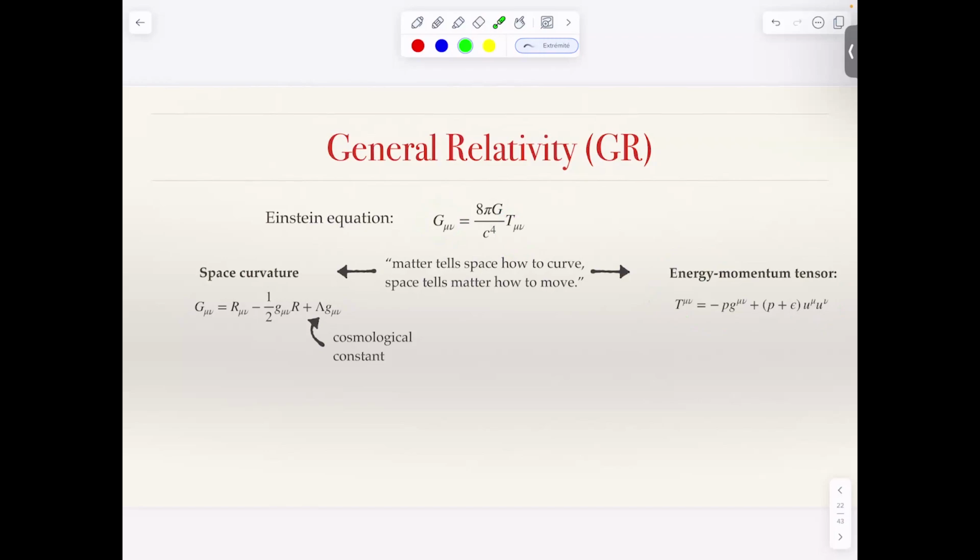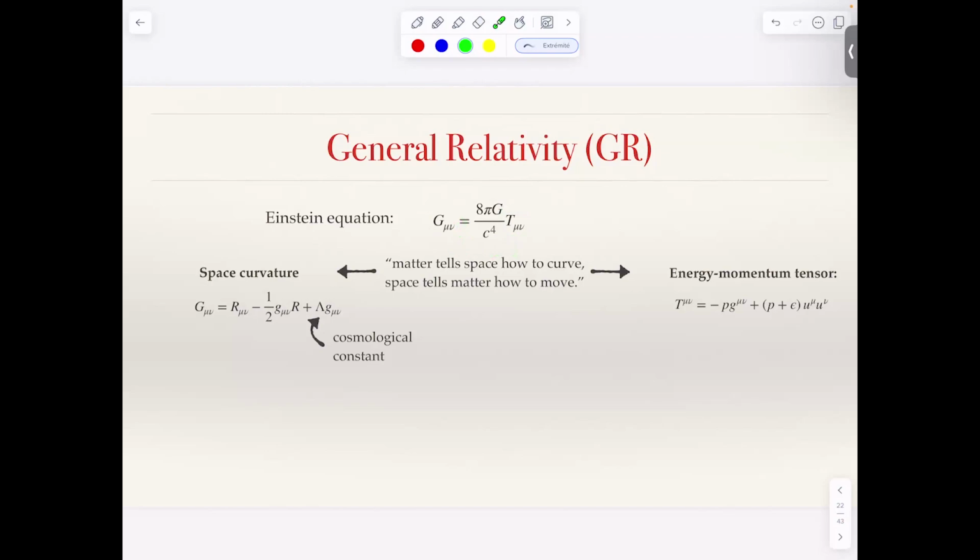If you read it from right to left, you interpret it as: you deposit some energy in matter, and as a consequence, that generates a curved space. If you read it from left to right this time, it tells you, for a given deformed space-time, what is the energy which is associated.